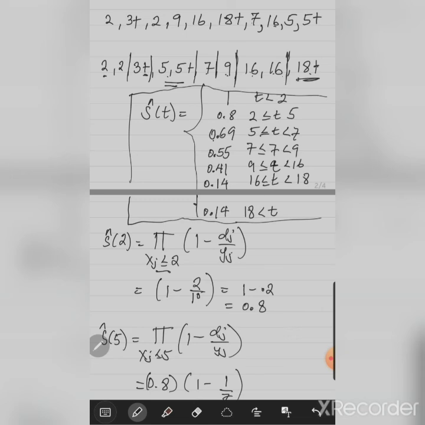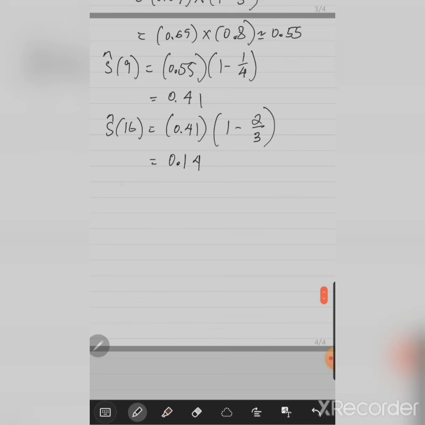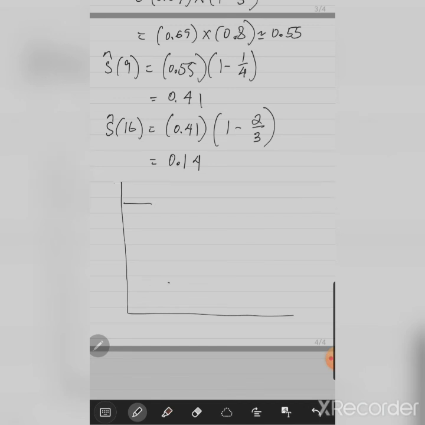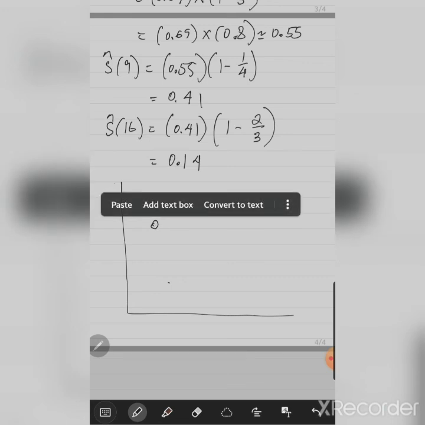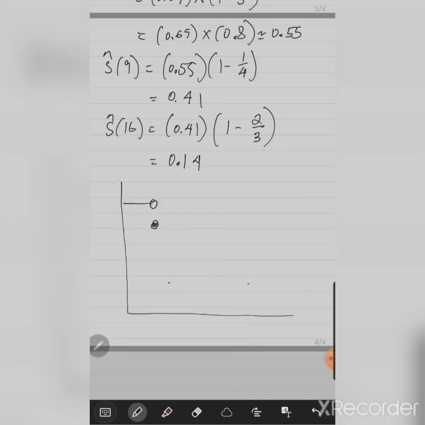This is a discrete estimator of our survival function. And if you plot this estimated survival curve, you would get a discrete function. So you would get something like this. So you have got closed dots, so this is a closed dot.